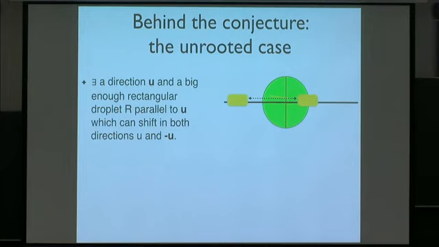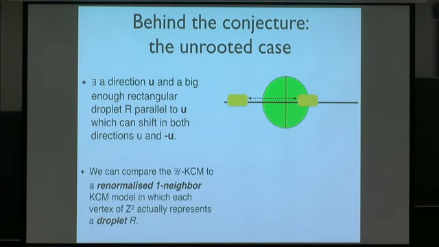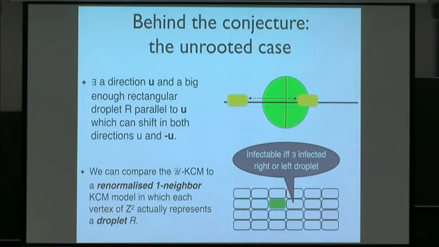a direction in which a droplet can go back and forth, and therefore we can compare the KCM. We can do a renormalization, so consider a renormalized one neighbor model in which each vertex actually represents a droplet, and we say that the droplet can be infected if the left or right droplet is completely infected.